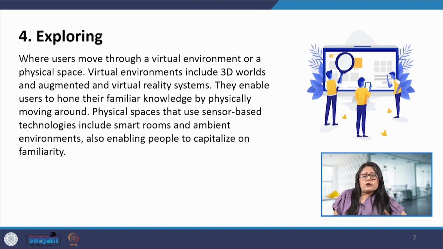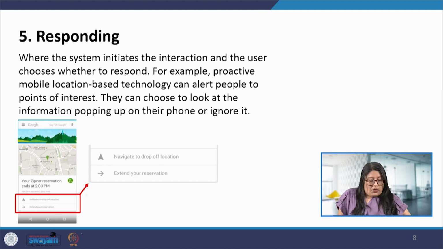It is used for pilots and for soldiers. They have many applications where, without being there, the person can actually learn the technique. When it comes to physical spaces, we can use sensor-based technologies that include smart rooms and ambient environments, and these enable people to capitalize on familiarity.